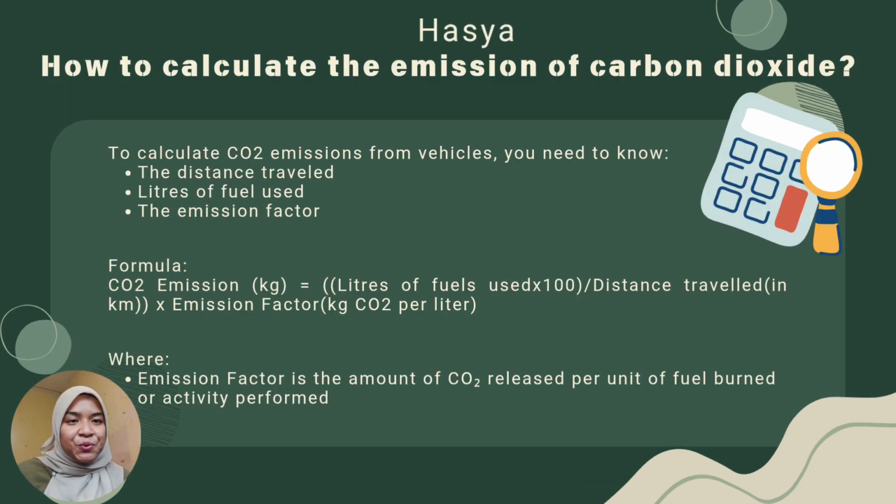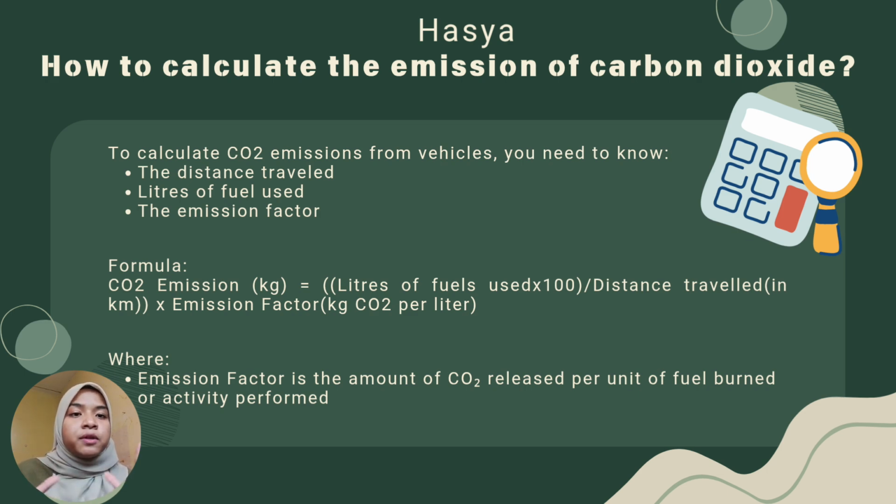So let me show you how to calculate the emission of carbon dioxide. First, you need to have these three main things: the distance you travel in kilometers, the fuel you use, and the third one is the emission factor. What is the emission factor? Emission factor is the amount of carbon dioxide produced when fuel is burned in your vehicle.